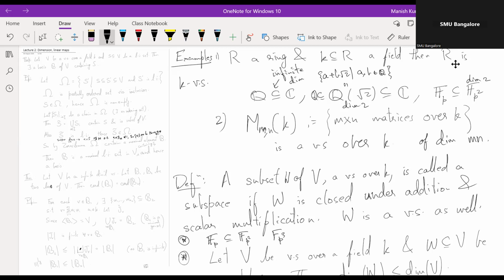The way to construct FP square is to adjoin a root. There are multiple ways. You can take the splitting field of x power p square minus 1, if you know what a splitting field is, or you adjoin a root of an irreducible quadratic polynomial over Fp, and such a polynomial exists.